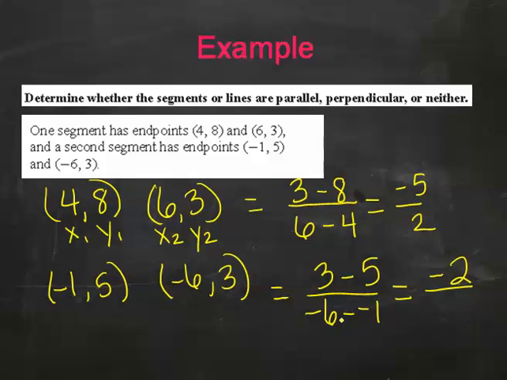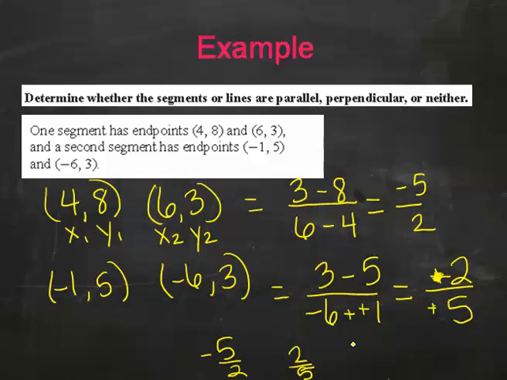And then I have negative 6 minus a negative 1. So these are going to become a positive. So I have negative 6 plus 1, giving me a negative 5. And so these two negatives would become a positive. So it's really like just saying 2 over 5. So my slopes would be negative 5 over 2 and then a positive 2 over 5.